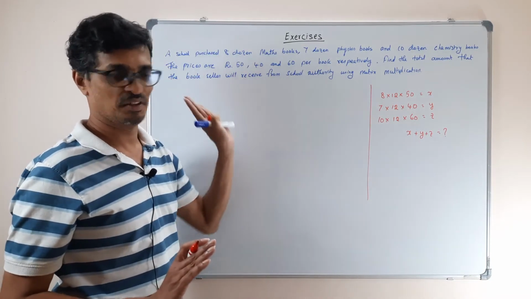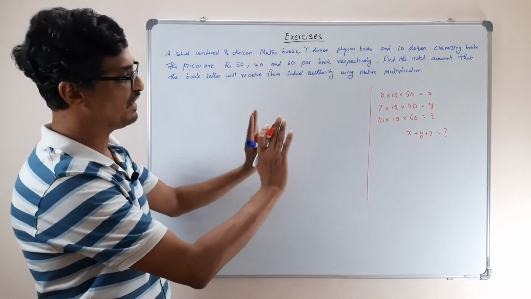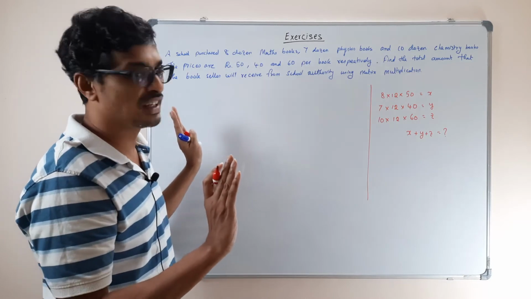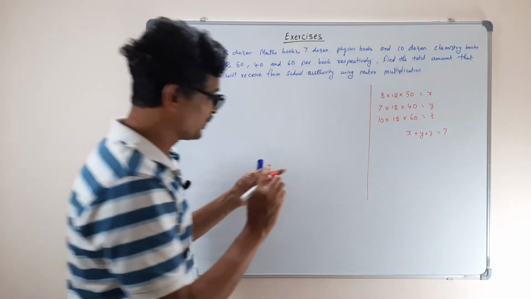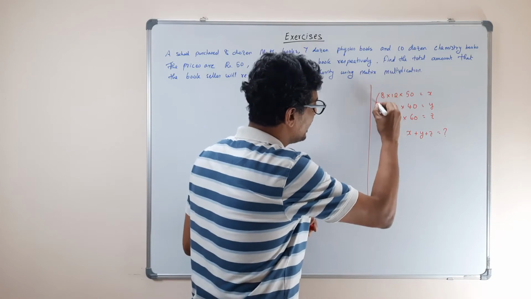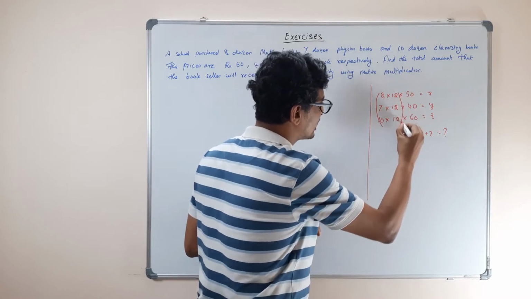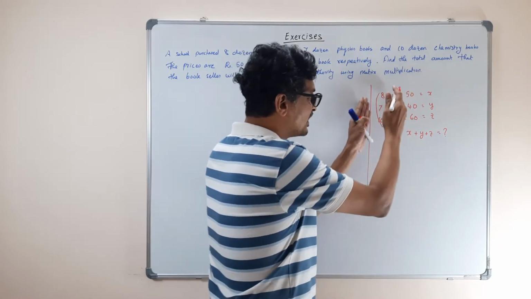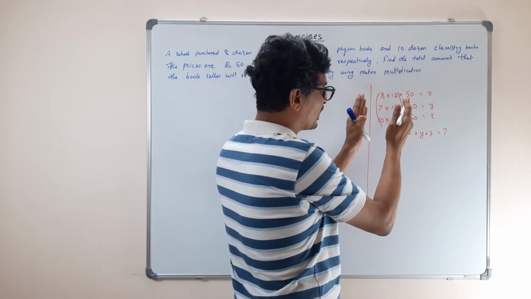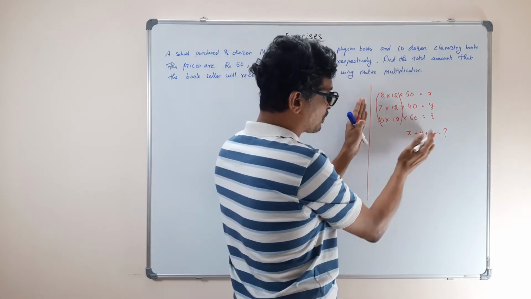First step. Okay, so the problem is simple. Then you see, can you do it using a matrix form? So if you see, I can always write this in the form of a matrix. You want to get this x plus y plus z, right?